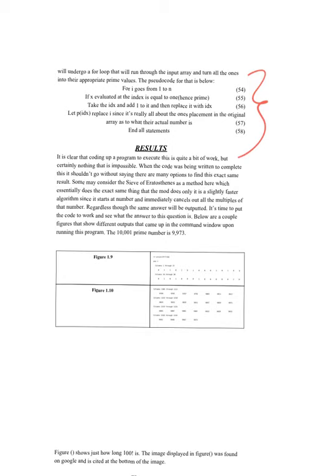And then we're going to let p of index replace i, since it's really all about the placements in its original array. Because like I said before, it's really looking at what place that 1 is at in the array as to what number it is. The 5th spot in the array correlates with 5, and it knows that.